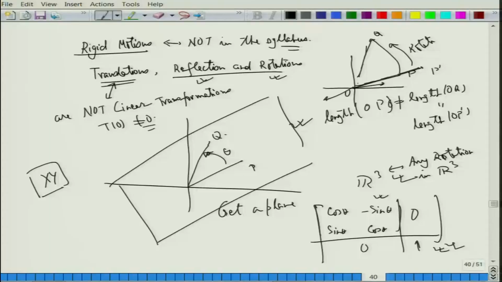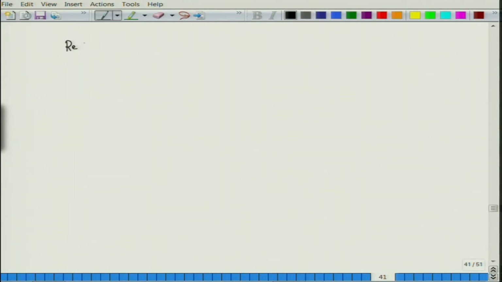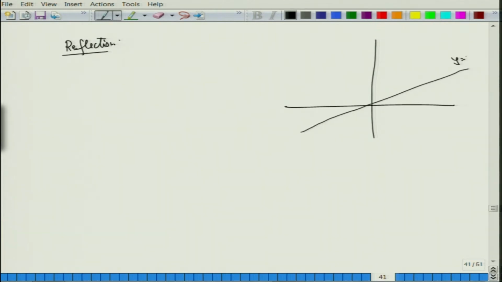Fine. Similarly, we can also have what are called reflections. So let me go to the reflection now. So, reflection. I have the line y equal to mx, passing through the origin, fine. If I want to get a matrix of this, I will again use the standard basis in R2 itself.